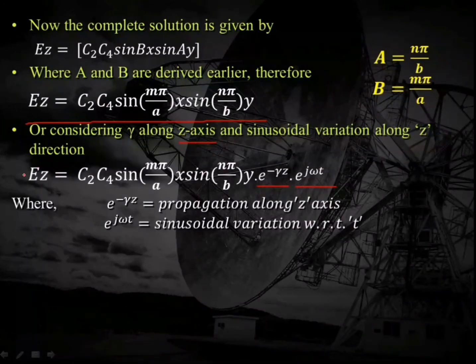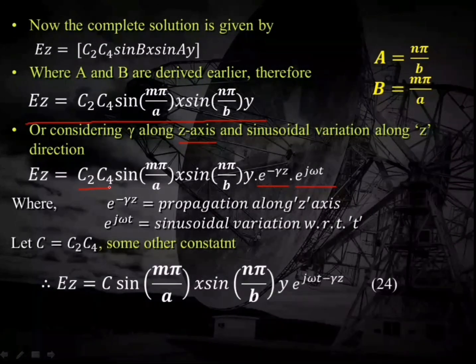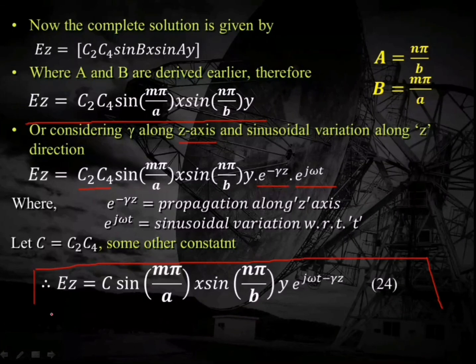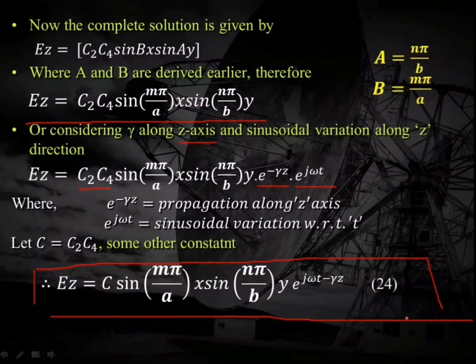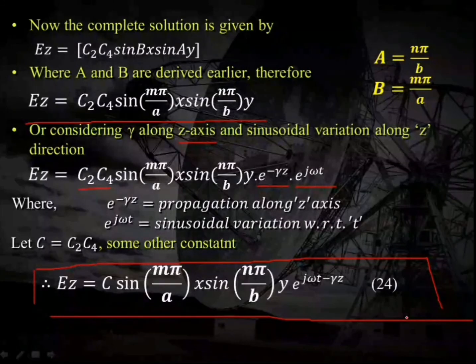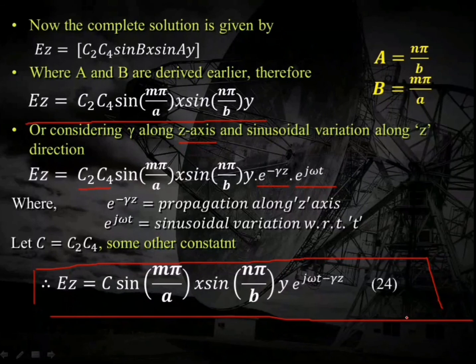So our complete solution of Ez, where C2 C4 are reduced to a single constant C, is C sin m pi by a x sin n pi by b y e raised to power j omega t minus gamma z. This is the only solution of Ez in the case of the TM wave.